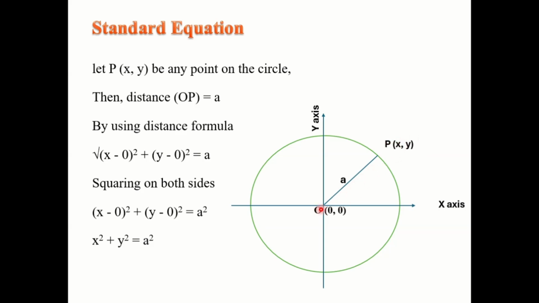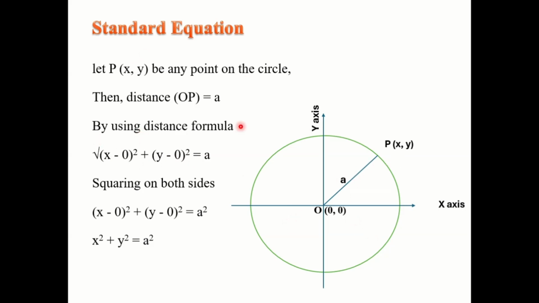By using the distance formula, what is the distance formula? Distance is the square root of (x2 minus x1) whole square plus (y2 minus y1) whole square, which is the distance between O and P.